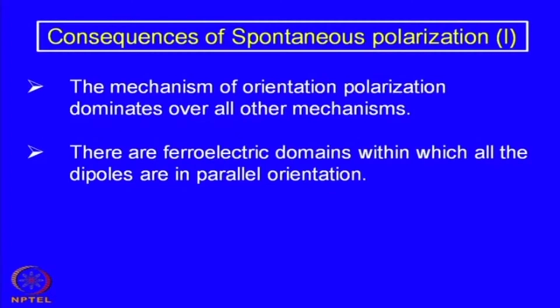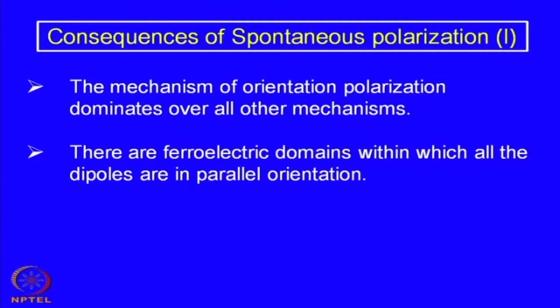There are ferroelectric domains within which all the dipoles are in parallel orientation. Since there are permanent dipole moments, these dipoles are already there. Individually they are not oriented in a completely random fashion. There are some clusters, and in those clusters they have a parallel orientation.